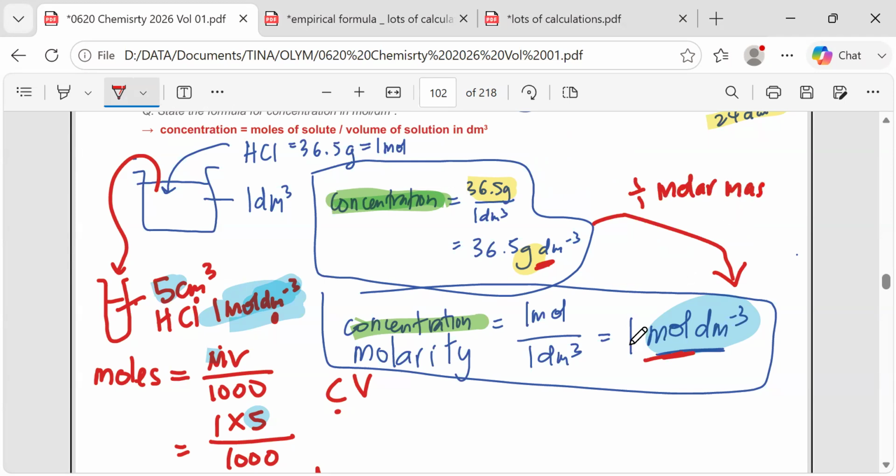If I have mole per decimeter cube and want to change it back, I just multiply by the molar mass. It's just divide, because it's the same value. It's like 9 out of 10 and 90%.